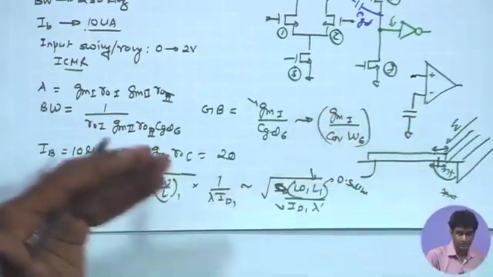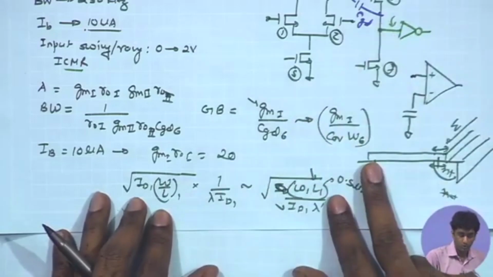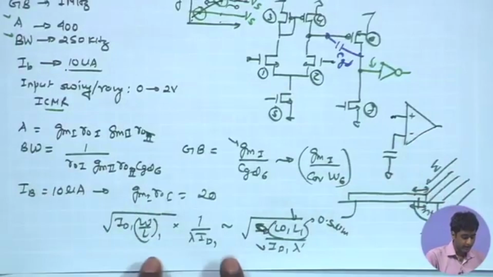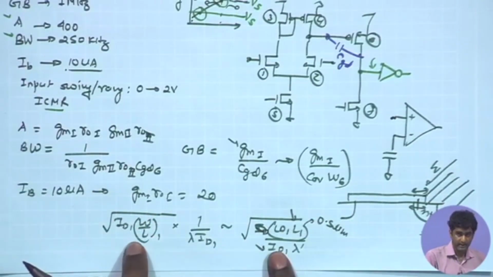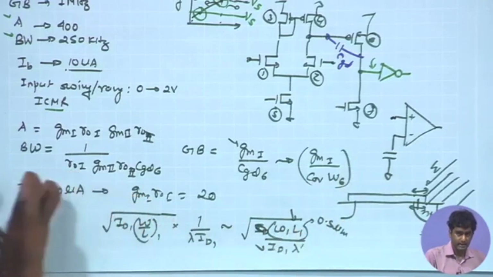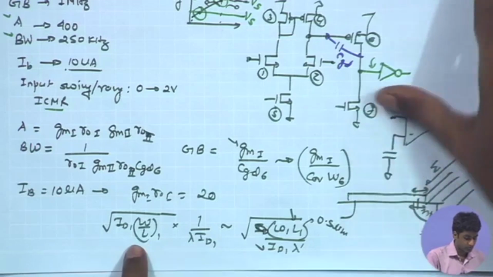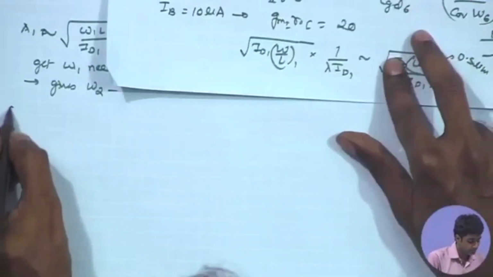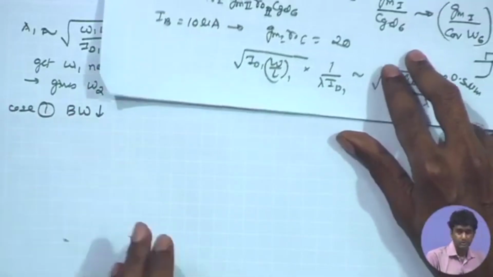If the obtained bandwidth is much lower than what I expected, then I need to go back and tweak the parameters over here, such that the gain remains more or less intact, but the bandwidth is enhanced. In order to do that, once again we have several options. Suppose case 1, you have the bandwidth lower than required.